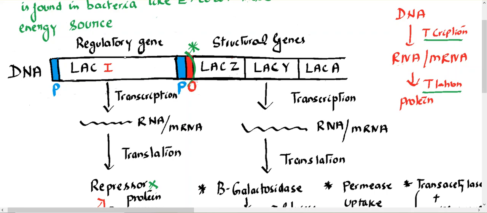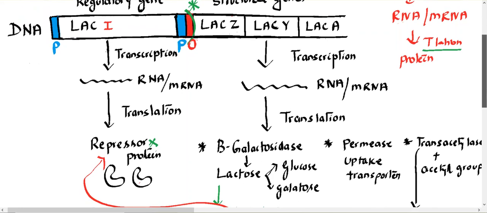Now, what is the function of a regulatory gene? The regulatory gene, which has the LAC-I, produces a protein called the repressor protein. Now, how does the LAC-I produce a repressor protein? When LAC-I from the DNA produces mRNA, that's transcription.